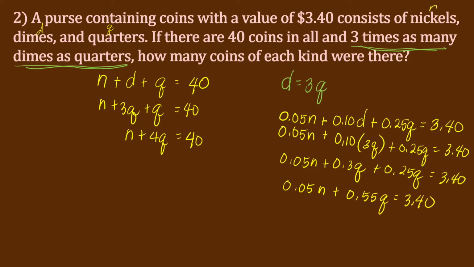Now, we have here two equations already. This first one, N plus 4Q equals 40, and 0.05 N plus 0.55Q equals 3.40.